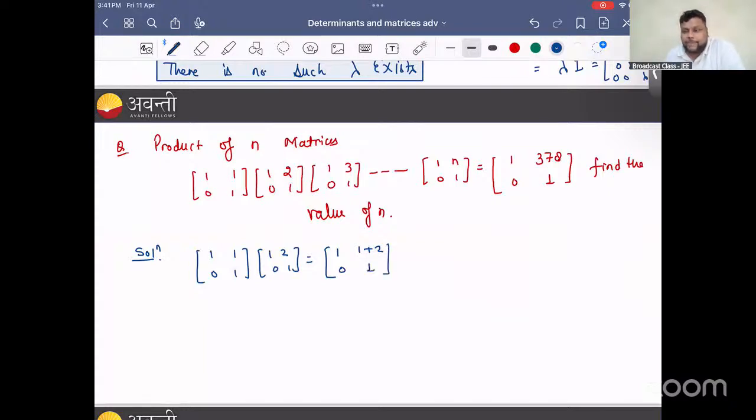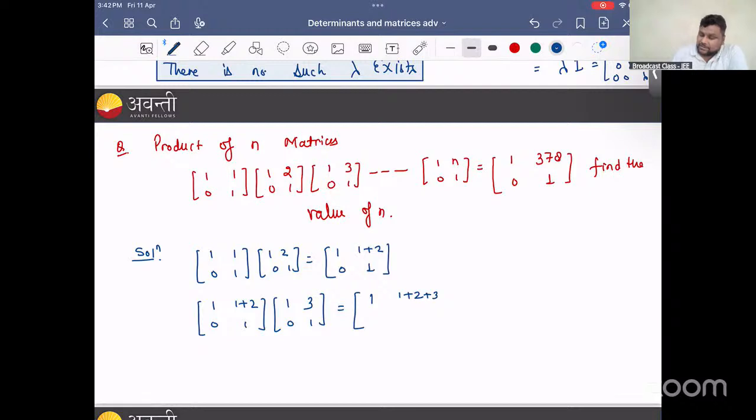Am I correct? Now you are multiplying this 1, 1 plus 2, 0, 1 with the third matrix 1, 3, 0, 1. So what do you get? First row, first column 1. First row, second column is 1 plus 2 plus 3. Second row, first column 0. Second row, second column is 1.